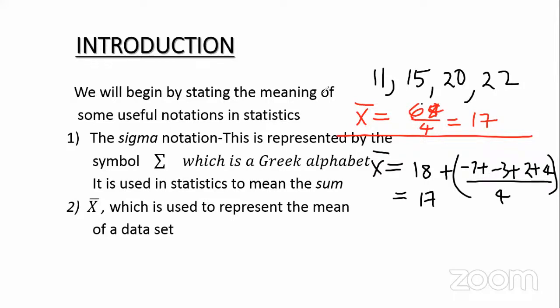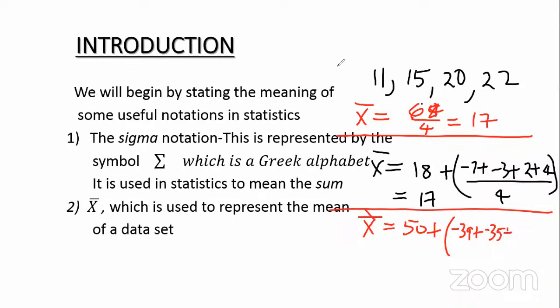Now let me say the assumed mean is 50, so that you see what I was saying. You are trying to make it complex when you assume a number that is very far from the other numbers. So what is 11 minus 50? Minus 39. Then minus 35, minus 30, minus 28.